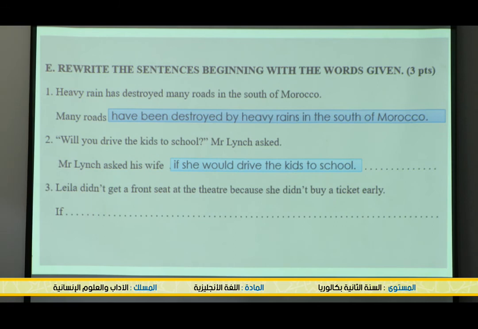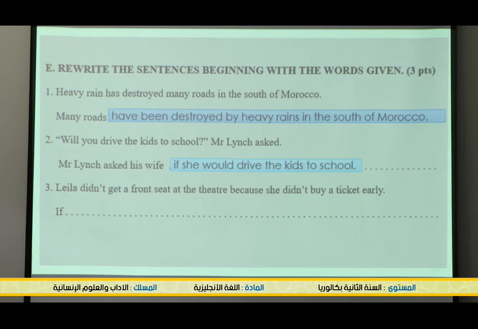Here we know that we are dealing with the conditional sentences, and this year you are responsible for 2 types of conditionals: conditional type 2 and conditional type 3. And now the question that we should be asking, should we use conditional type 2 or type 3? The answer is easy.